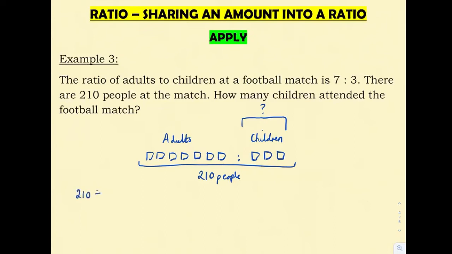So I'm going to share the 210 into the 10 parts, which gives me 21. Each one of these parts represents 21. And because we only want to know how many children we've got, that's 3 parts. So I'm going to do 3 lots of 21, which would be 63. And therefore, there are 63 children at this football match.